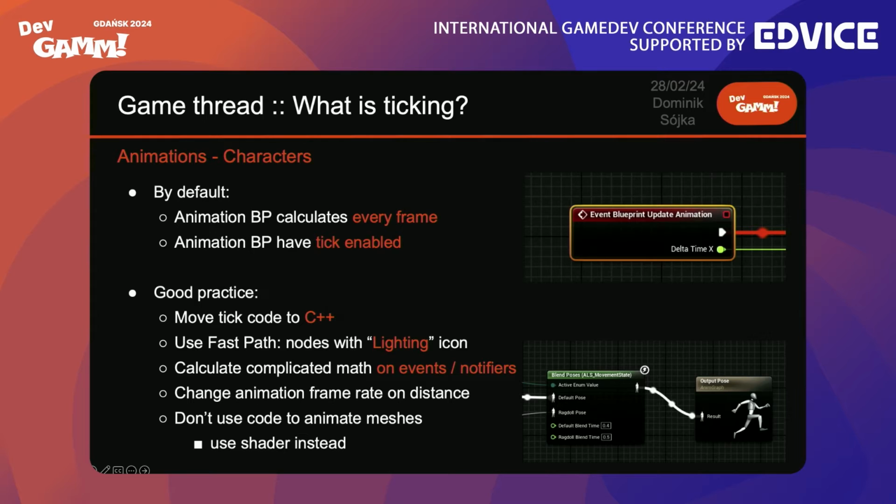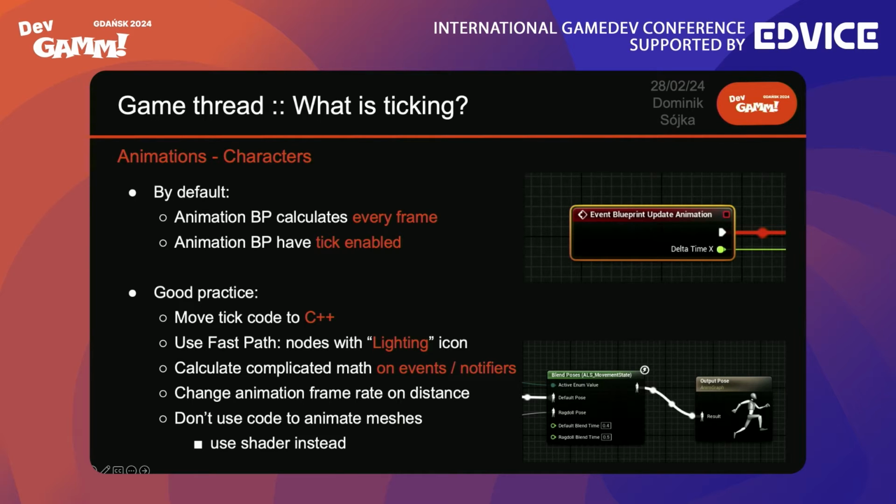And move the complicated math to events or notifiers, because many calculations shouldn't be done in the tick. You can make those calculations on events and only pass those values to the tick.